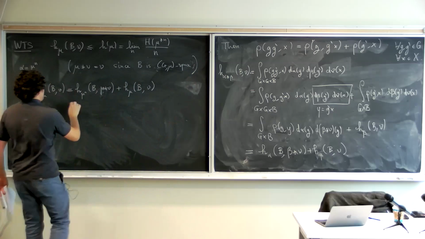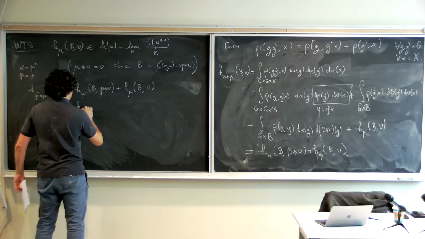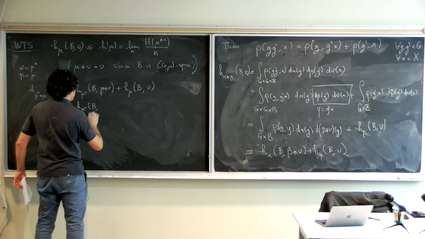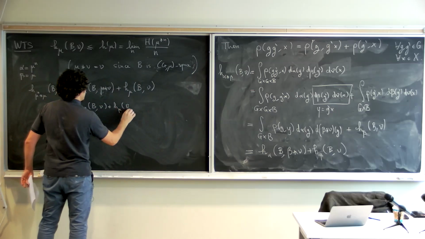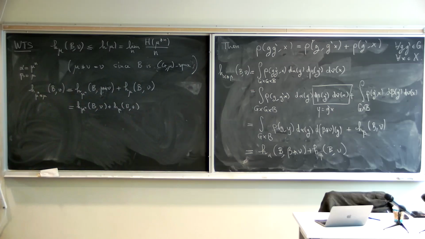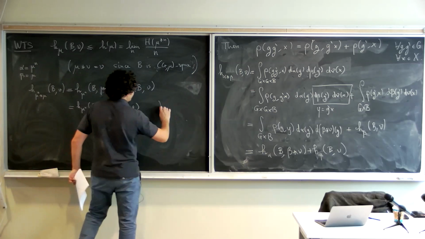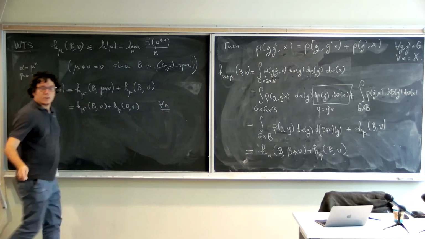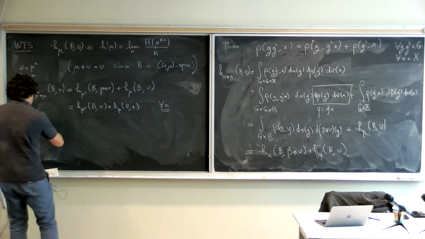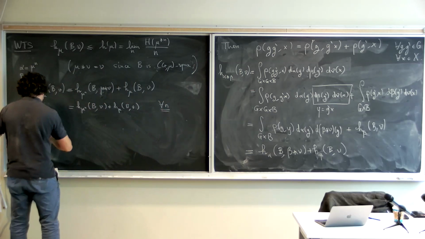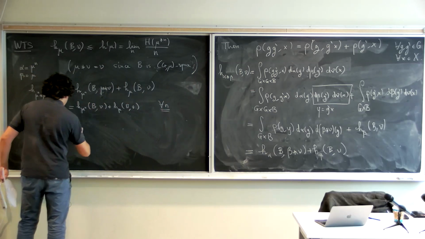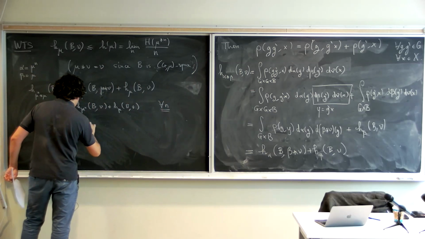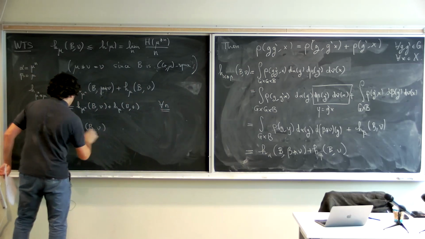So this is H mu n of B nu plus H mu of B nu. This is true for every n. So by induction, you get that H mu n of B nu is less or equal than n H mu of B nu.